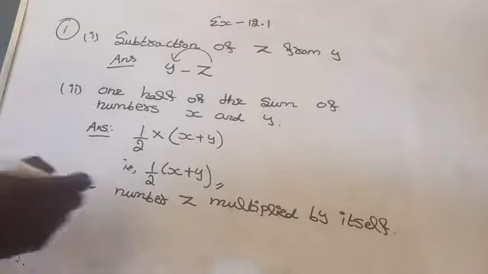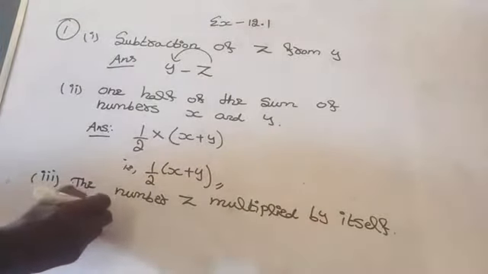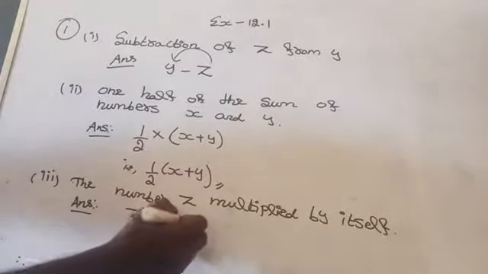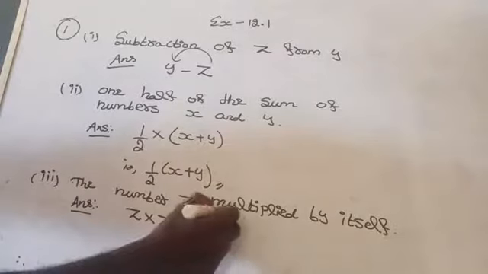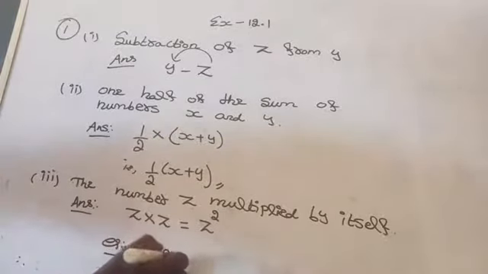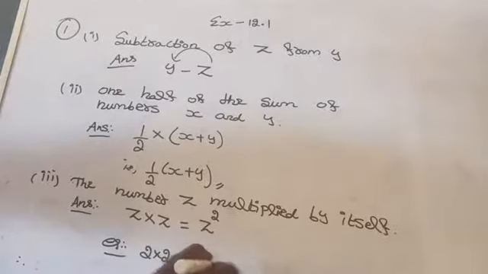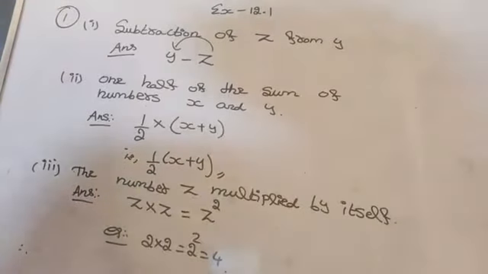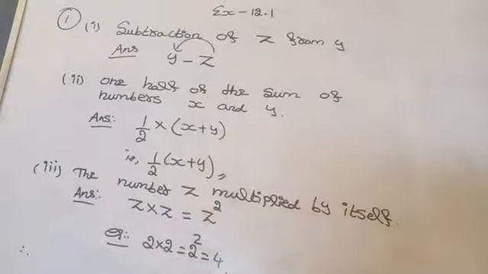That number is multiplied by itself, so z into z is z square. For example, 2 into 2 is 2 to the power 2, which is equal to 4. If a number is multiplied by itself, z into z, that is z square. Are you getting it? Yes.